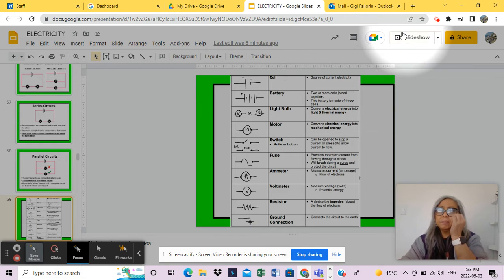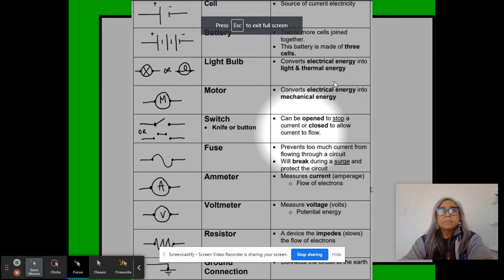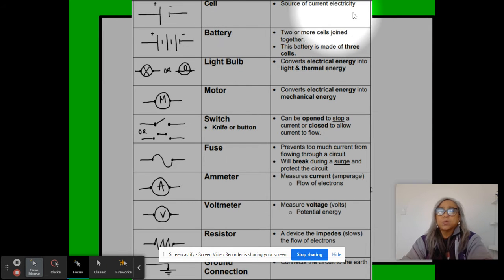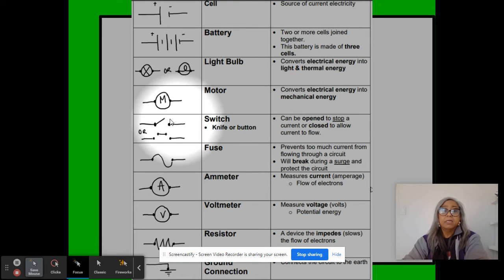So this is now our source of electric current. Now, the bulb can be represented this way, like the one with the X and a circle outside, or it can be like an inverted W, the letter W here, with a circle. It converts electrical energy into light and or thermal energy.